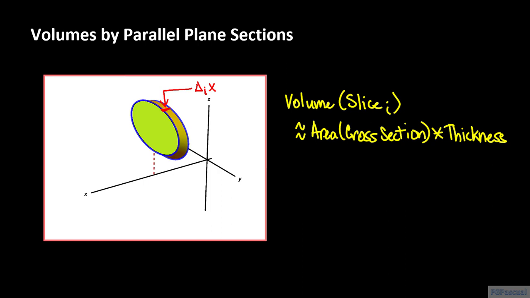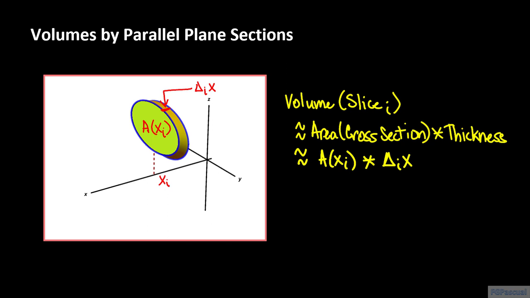Suppose that the cross-section we are using is at x equals x sub i. Then we write the cross-sectional area as A of x sub i. And so the approximate volume of the ith slice is A of x sub i times delta sub i x.